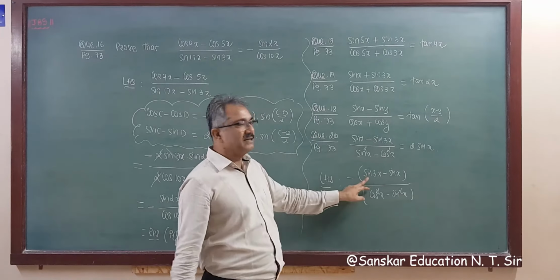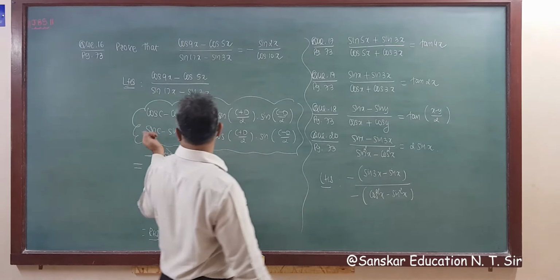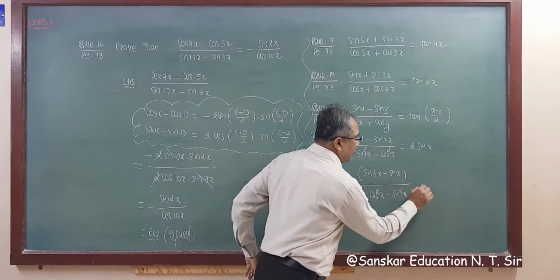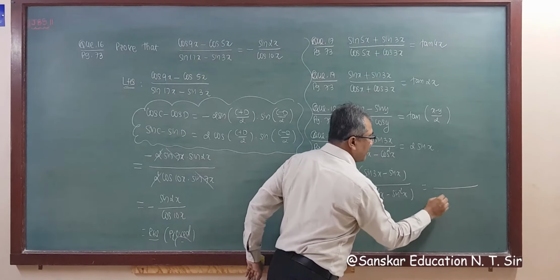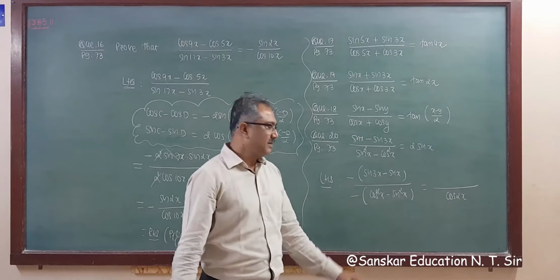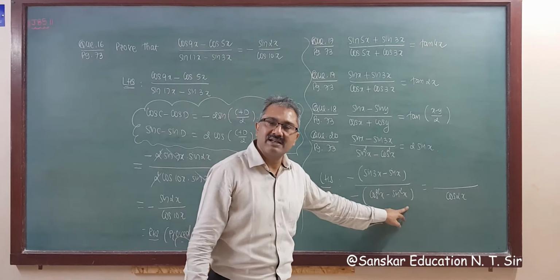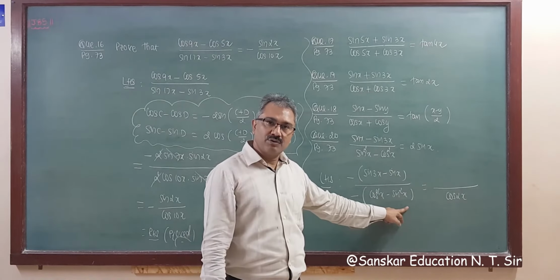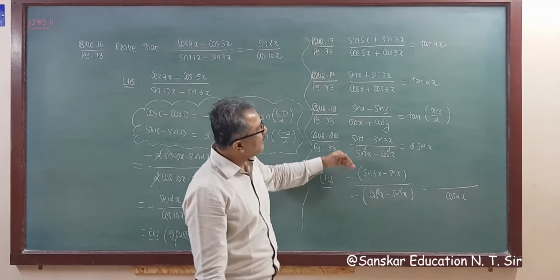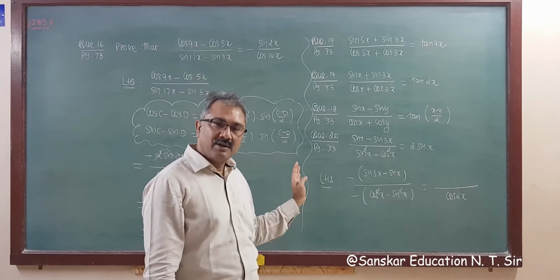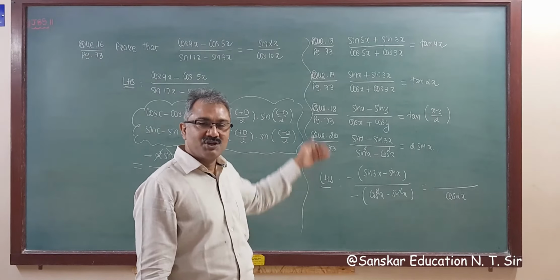Apply the sin C minus sin D formula in the numerator, and the denominator is cos 2x, the formula for cos 2x: cos square theta minus sin square theta is cos 2 theta. That is our first formula that you know. So solve yourself. If you have any problem, then call me.